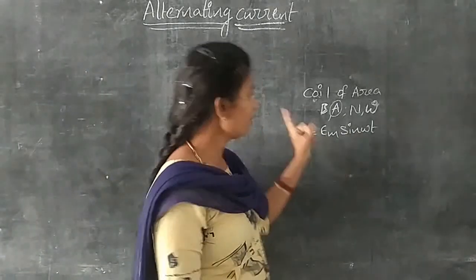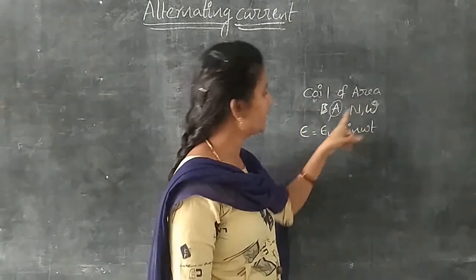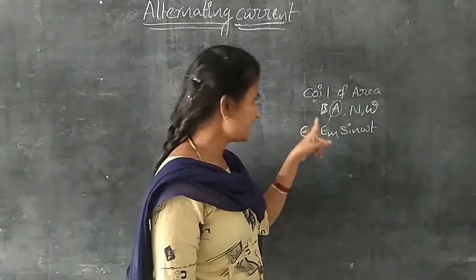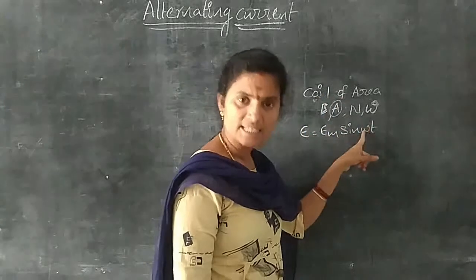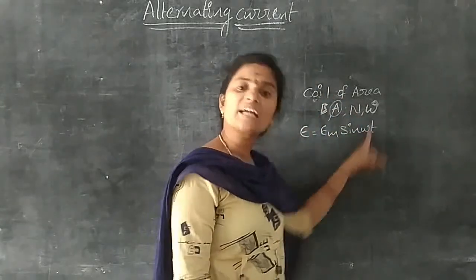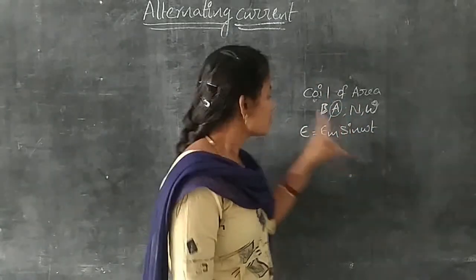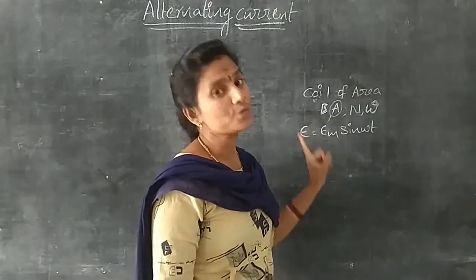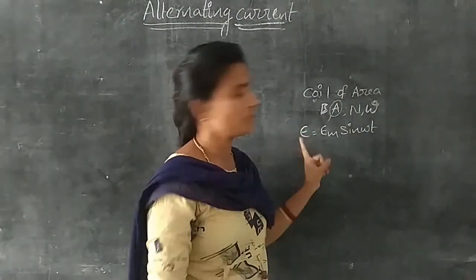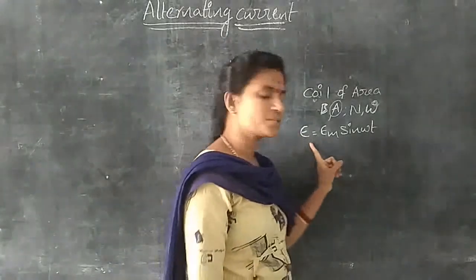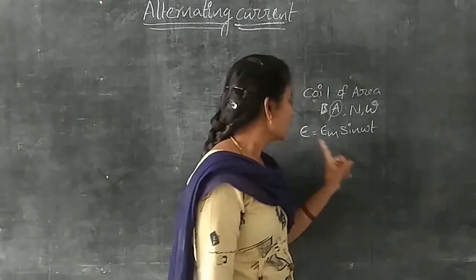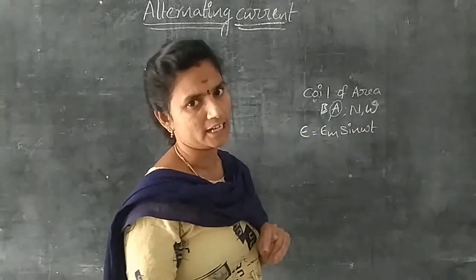So when a coil of area A which is in a magnetic field B contains n number of turns and rotates with angular velocity omega, an induced EMF is generated. That induced EMF is equal to Em sin omega t.